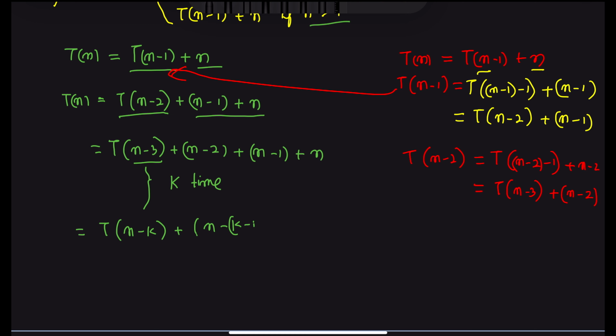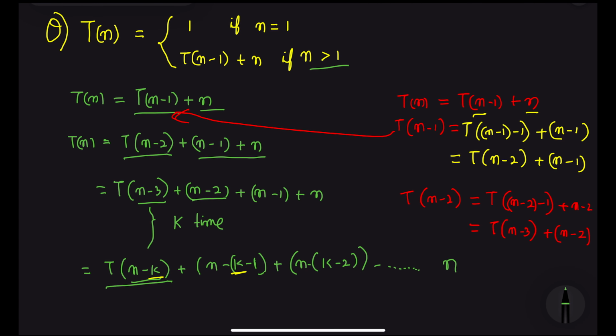Here it was n-3, so we are getting n-2, so 1 less. Next will be (n-k+2), and this will go until n.